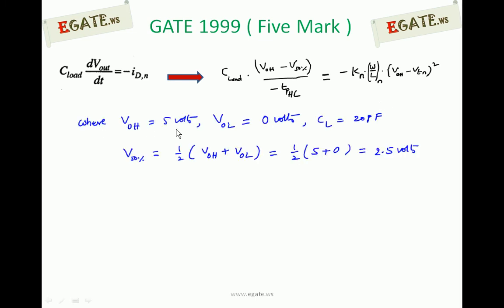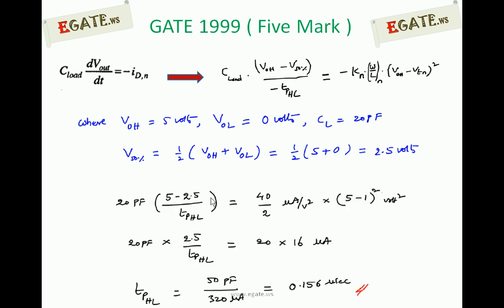Here VOH is given as 5 volts, VOL is given as 0 volts, the load capacitance CL is 20 picofarad, and V50% is half of VOH plus VOL, that is 2.5 volts. Substitute these values: 20 picofarad, VOH is 5, V50% is 2.5, so 5 minus 2.5 divided by tPHL; the minus signs cancel. And here Kn into W by L is given as 40 by 40, and it is divided by 2.